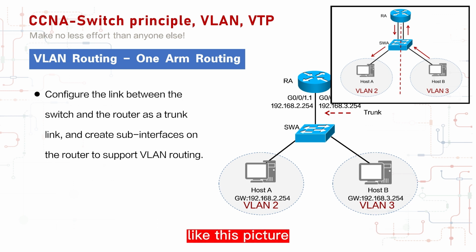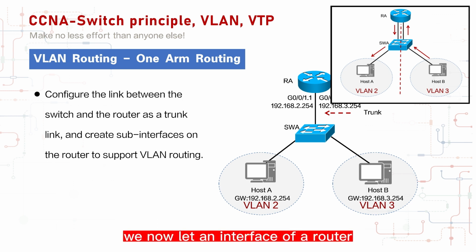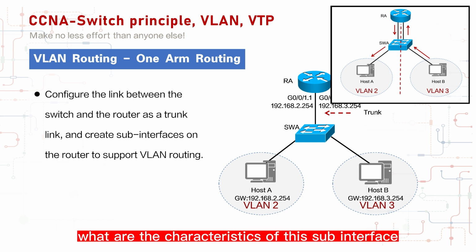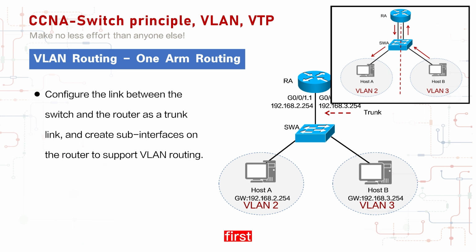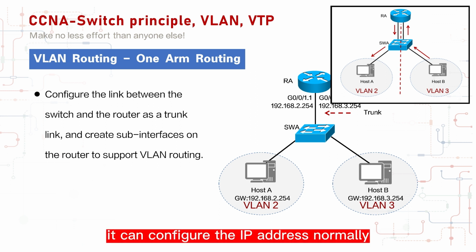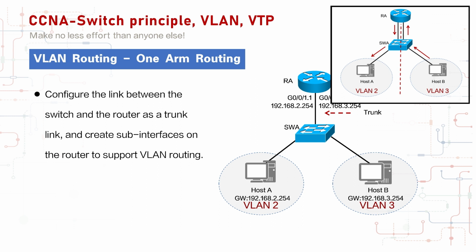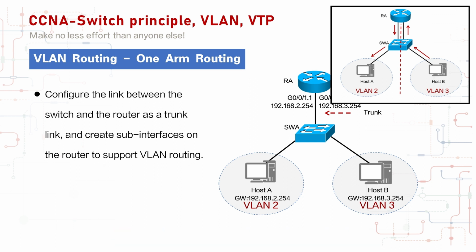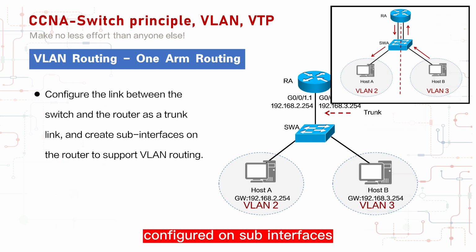Like this picture: 2 interfaces on 2 routers. We now let an interface of a router be used as 2 subinterfaces. What are the characteristics of this subinterface? First, it can be configured with an IP address normally. For us, the host has to configure the gateway, which is configured on the subinterfaces.